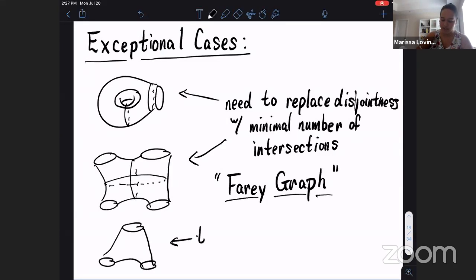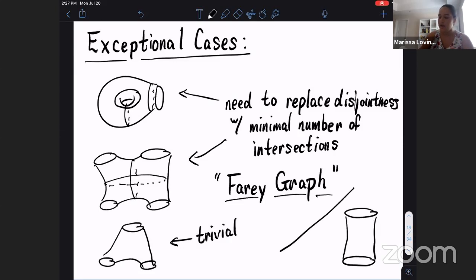And so really this is just trivial. So we're not going to worry about the pair of pants. And then there's one thing which I'm not going to say more about right now, but maybe something you could think about is what happens for the annulus. Okay, so we'll come back to that, hopefully, if I have time.